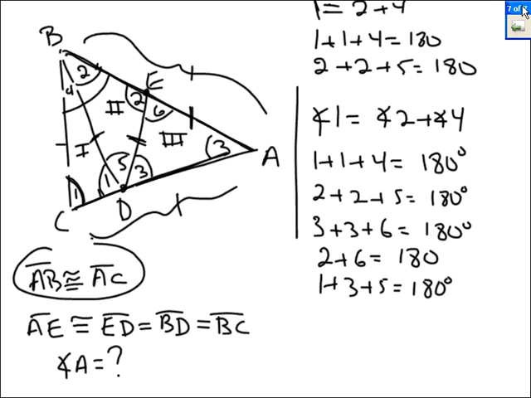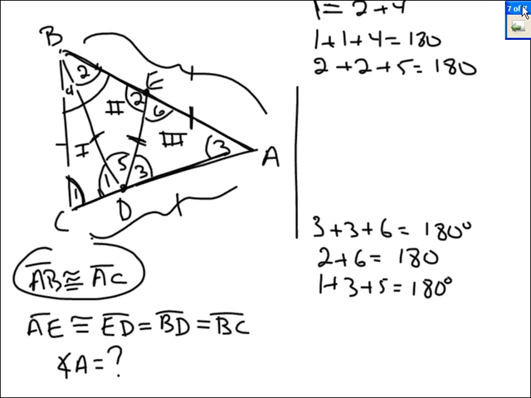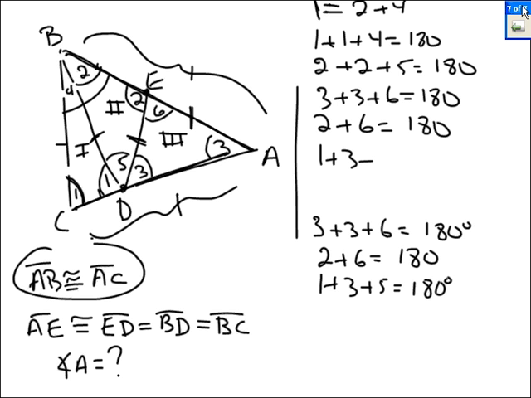Let me get rid of this because I need the space. 3 plus 3 plus 6 is 180. And 2 plus 6 is 180. And 1 plus 3 plus 5 is 180.